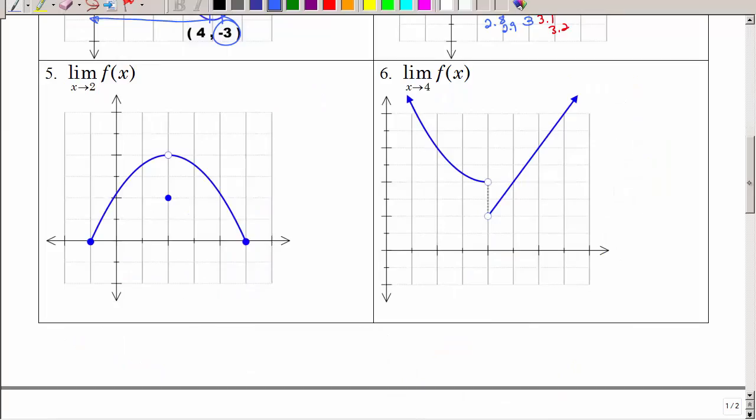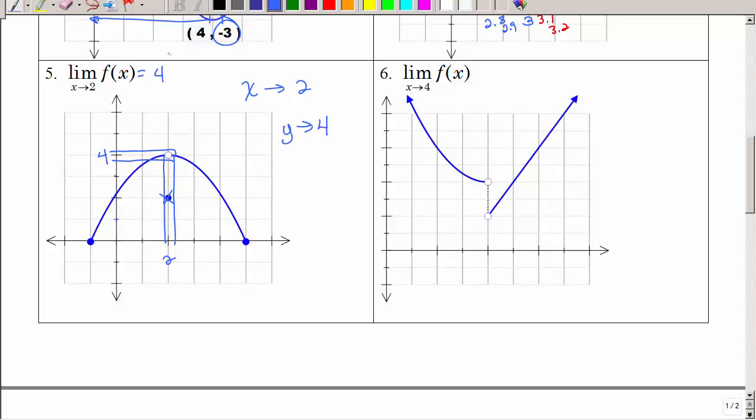Number 5. Have we done something like this? Yes, we have. So again, as x approaches 2, what is y getting close to? Again, take out that dot and look right around here. What is y getting close to? 4.